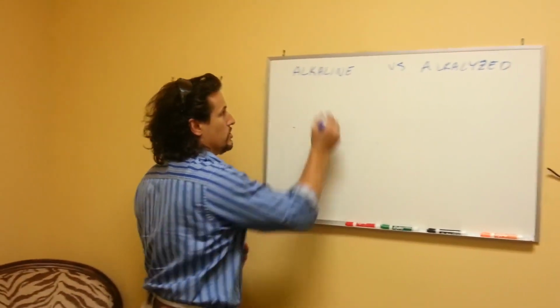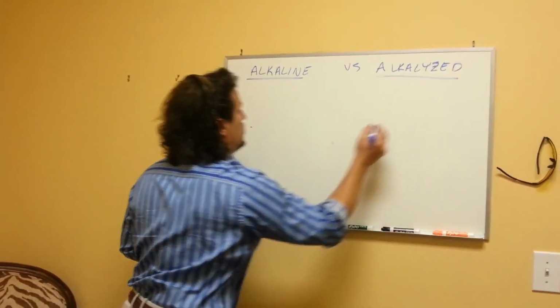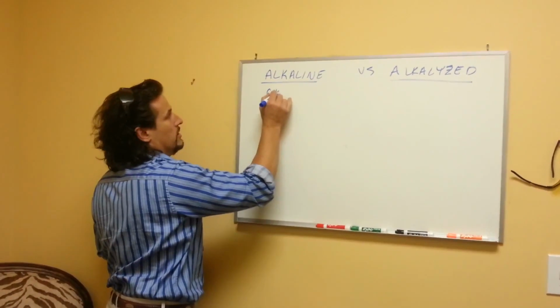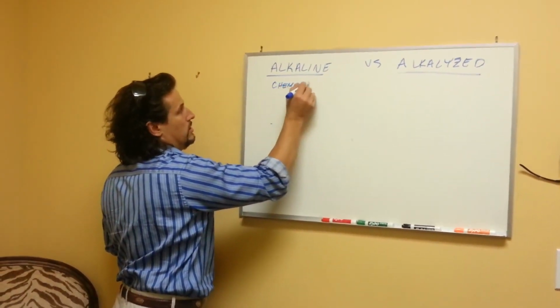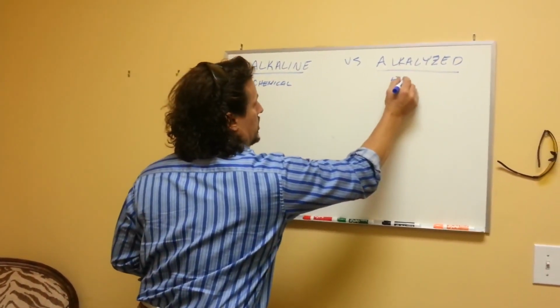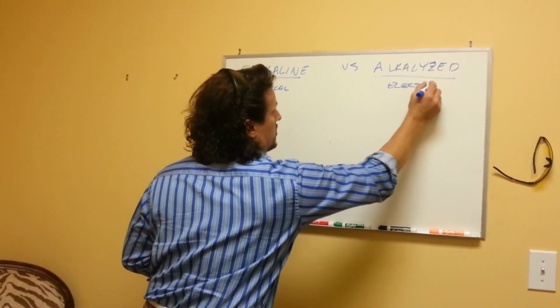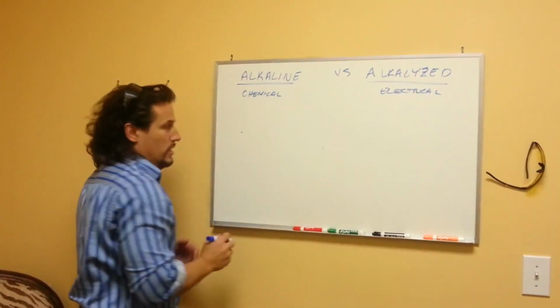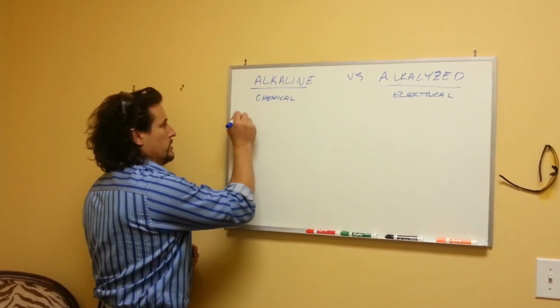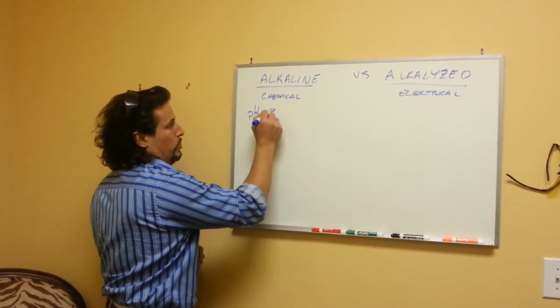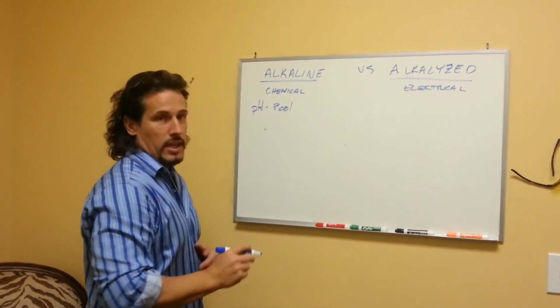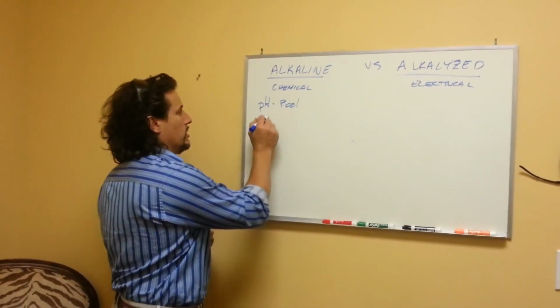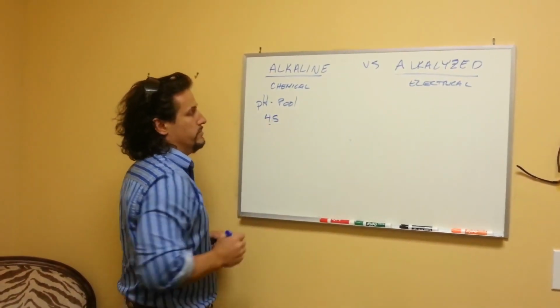The short answer for this question is, this is a chemical change, this is an electrical change. If you were to use your pH strips, like for a pool, and they test the chemicals and the water comes out at, say, 4.5.